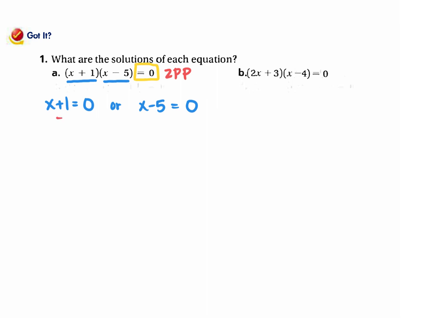So for x plus 1, I'll subtract 1 from both sides. The minus 1 and the plus 1 cancel out. That gives me x equals 0 minus 1, which is negative 1. That could be a solution. Or the second one could be: add 5 to both sides.